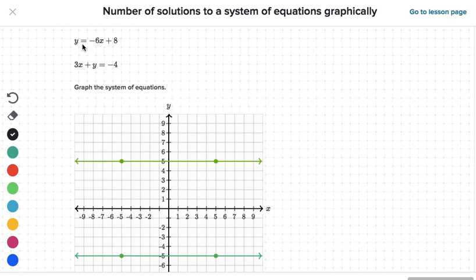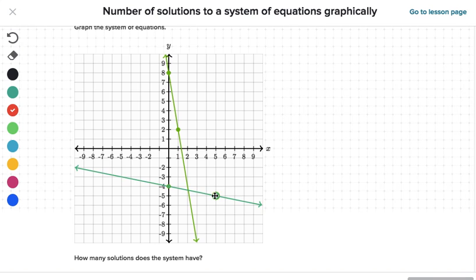So we've got a y-intercept of 8 from here, and a slope of -6, that's down 6 across 1. And the second one here is in standard form, so our y-intercept is -4 over 1, so a y-intercept of -4, and a slope of -3 over 1, so that's going down 3 and across 1.